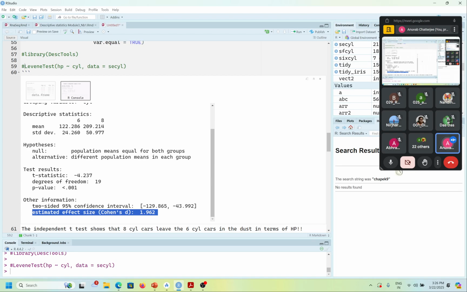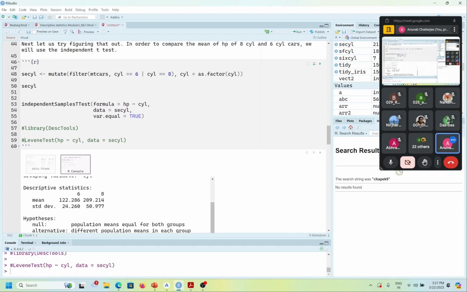So now the next thing is the variance equal to true. So most of the tests that we are going to do today assume that the variance between the two samples is the same. So you remember what variance is. Variance is essentially how far the data distribution is spread.